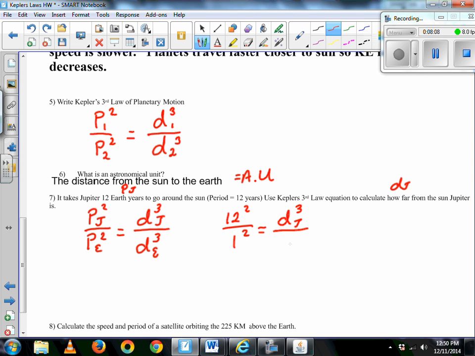And then I'm going to have the distance Earth is from the sun is 1 AU, and that gets cubed. If you notice, since I have the 1s on the bottom, this becomes a real easy problem. 12 squared is 144. Divided by 1, I can just leave that alone, equals d cubed.